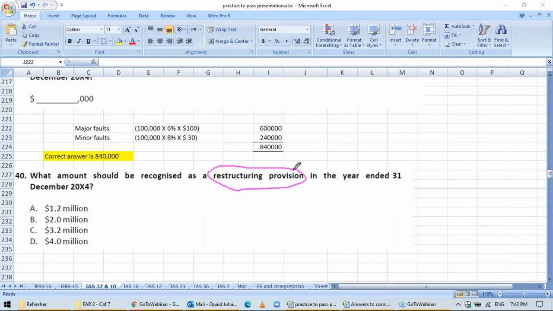Now, if a restructuring takes place, the expenses that will be recognized in the restructuring provision should have two characteristics. Remember those two characteristics, very important.